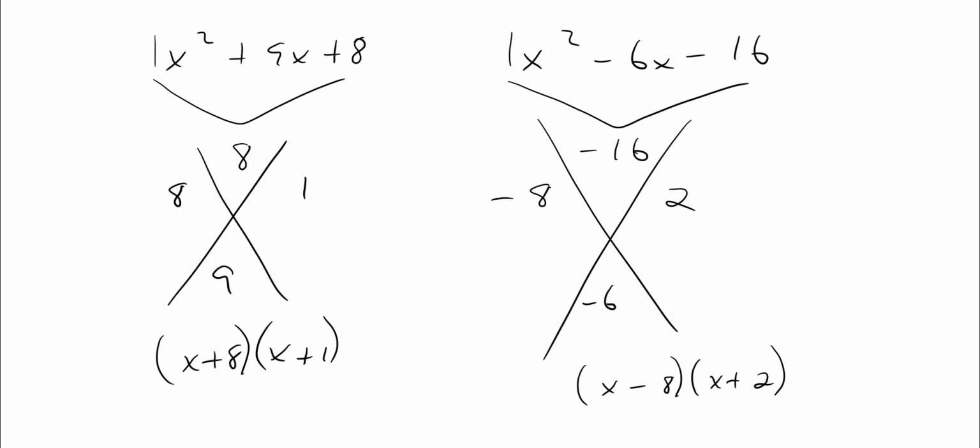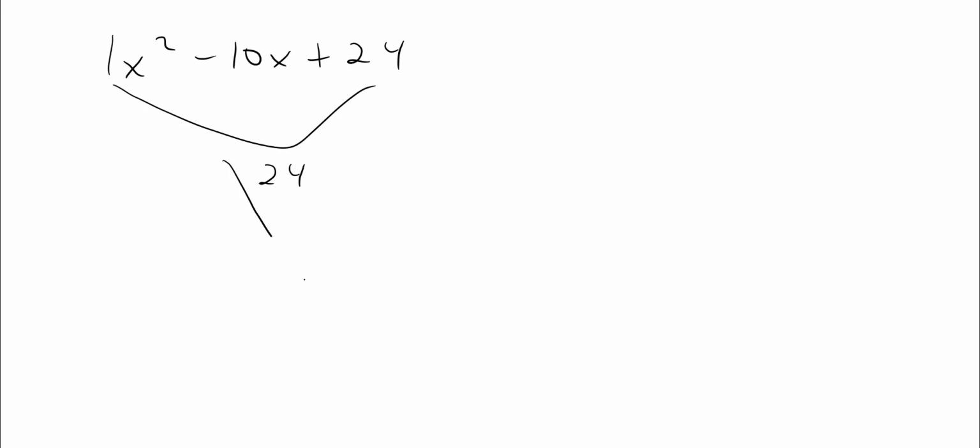Okay? I'll do 2 more with you guys, and then we'll be done. Okay, so we get x squared minus 10x plus 24. So that gives you 24. Draw your x. That gives you negative 10. Okay, so what numbers give you 24?